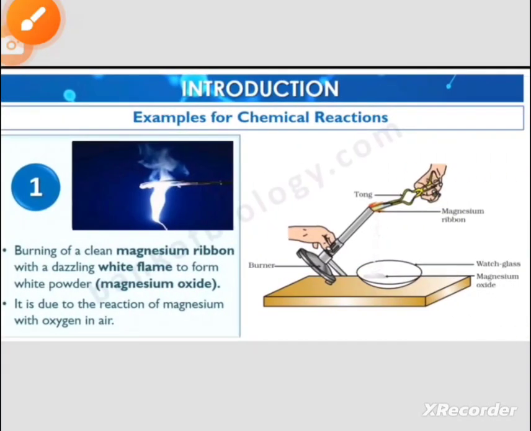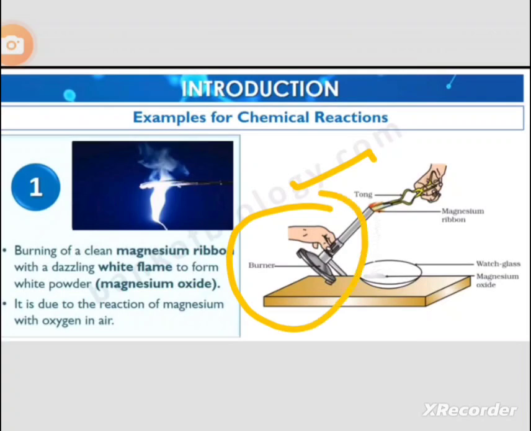in our NCERT of 10th science there were activity questions asked. Now let's take the solutions of those activities also. The first example of a chemical reaction: they have taken a magnesium ribbon and start burning it with the help of a Bunsen burner, which is also present in the laboratories.